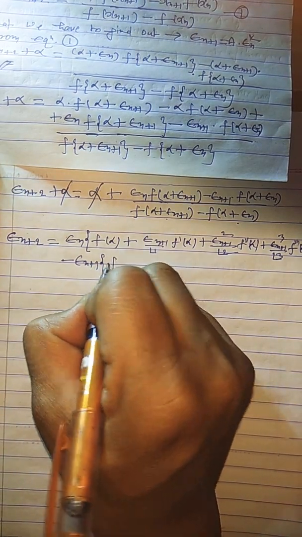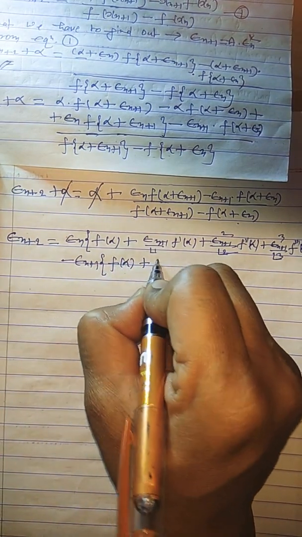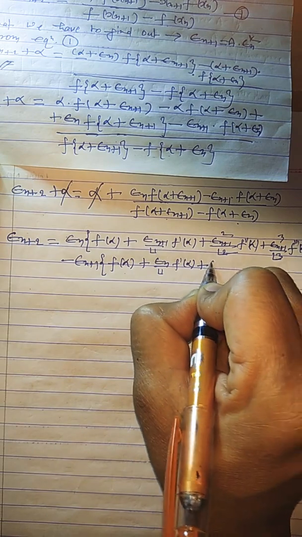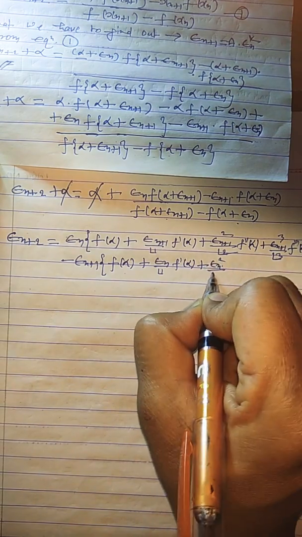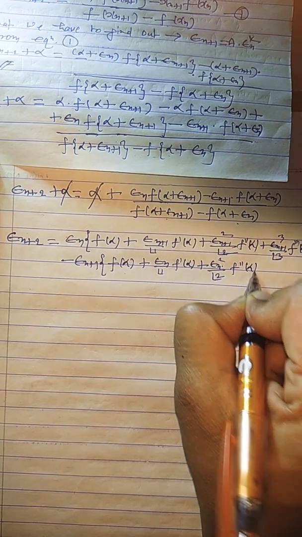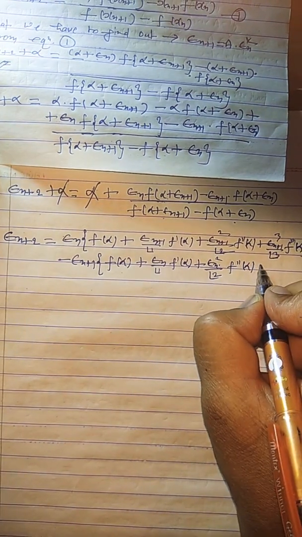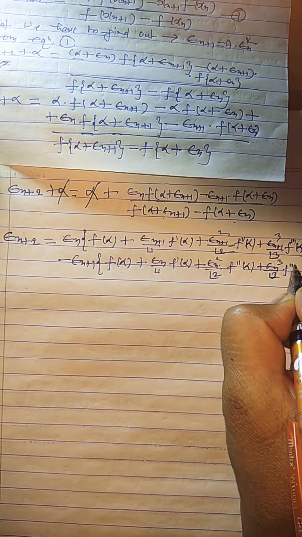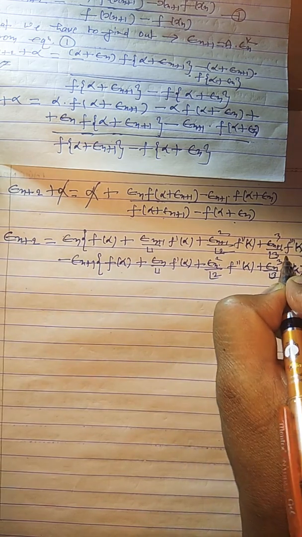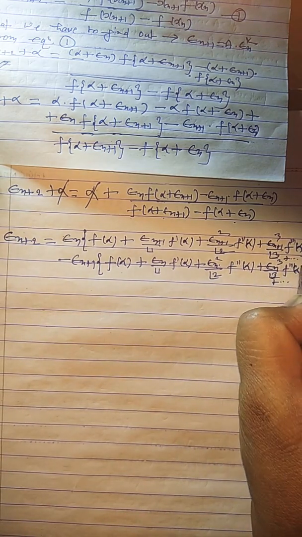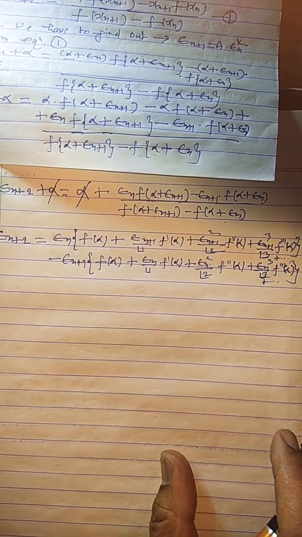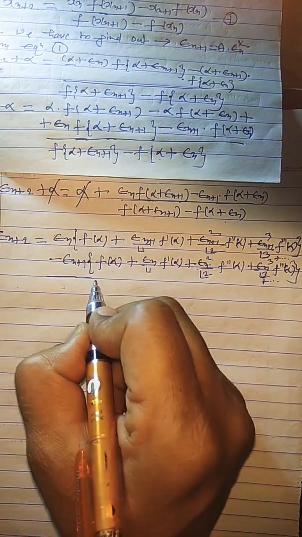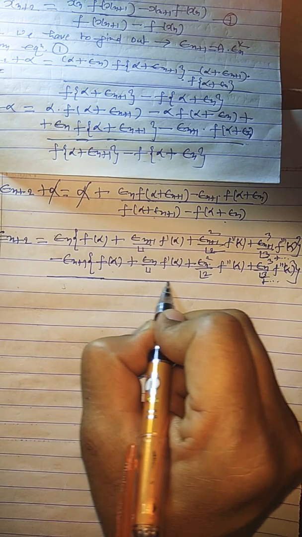So we get f alpha plus epsilon n upon factorial 1 f dash alpha plus epsilon n square upon factorial 2 f double dash alpha plus epsilon n cube upon factorial 3 f triple dash alpha, and so on. This is the expansion of the numerator terms.